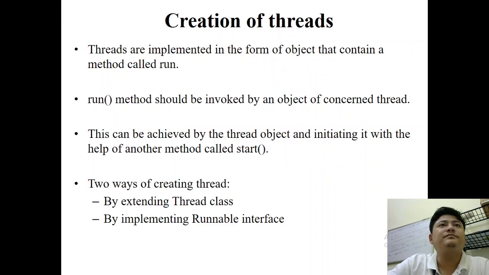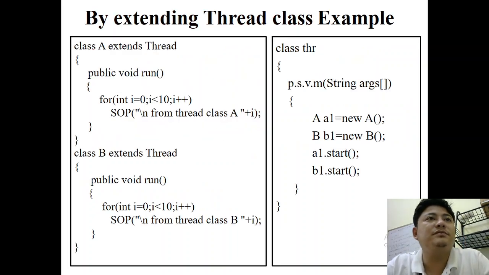Now you can see one more example over here. There is a class A that extends the Thread class, with a method where some print instructions are written that will be executed. The same is copy-pasted here, but in a different class. You have created two different threads, A1 and B1, of the two different classes A and B respectively, and invoked them.